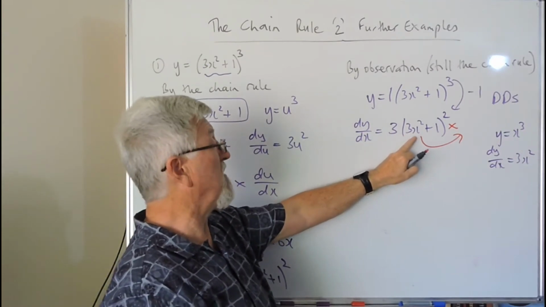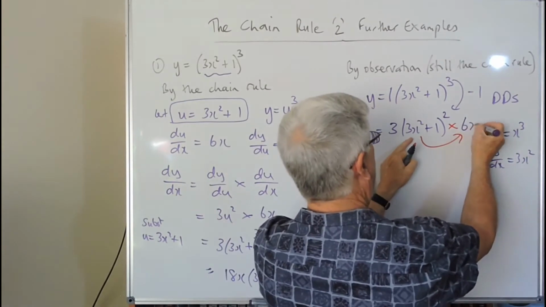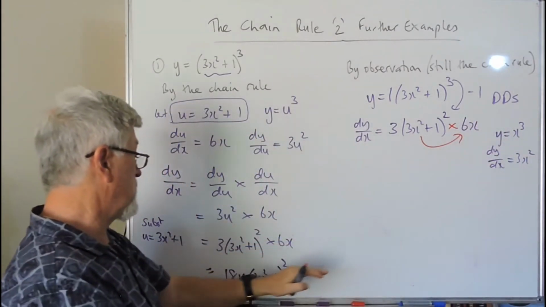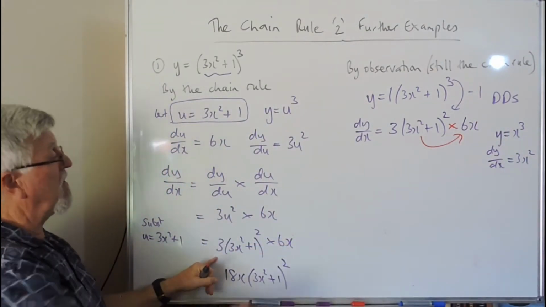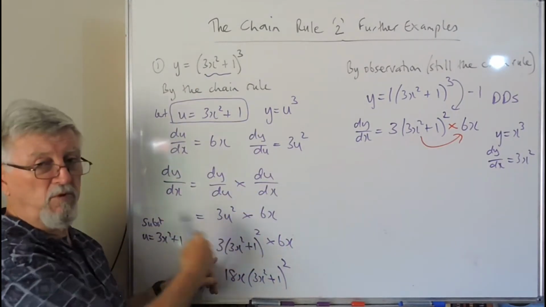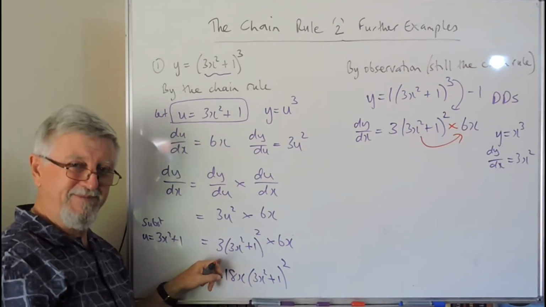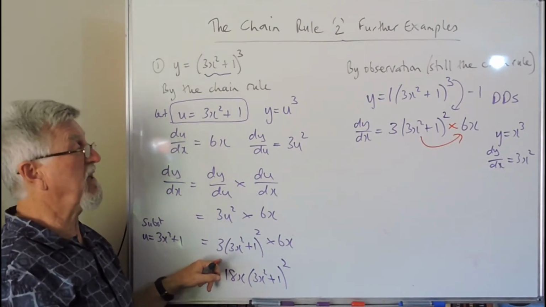So the derivative of the inside, the derivative of 3x squared is just 6x. And if you have a look over here with the chain rule, we've just done the chain rule without writing down what u is and differentiating and put the parts together with the chain rule. So the question will always work the same, always works well, and it becomes very quick.